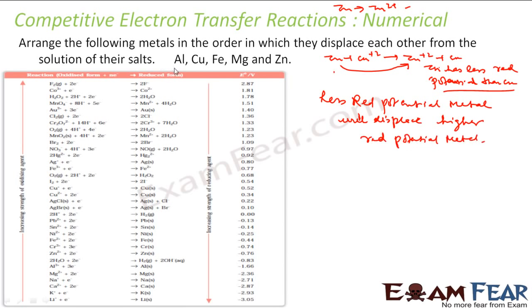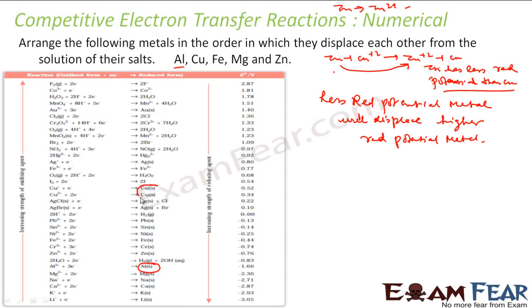That means let's put this in arranged order. So we have magnesium. So let's see where is magnesium. Aluminium we have, right? So let's see where is aluminium first. Aluminium is this guy. Then we have copper.